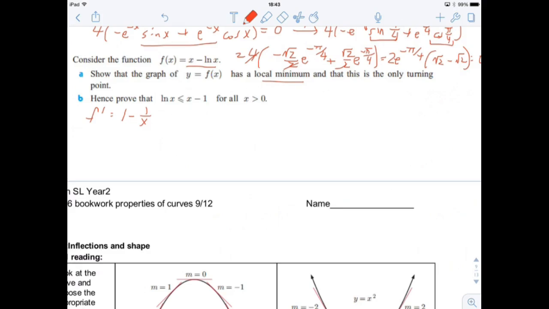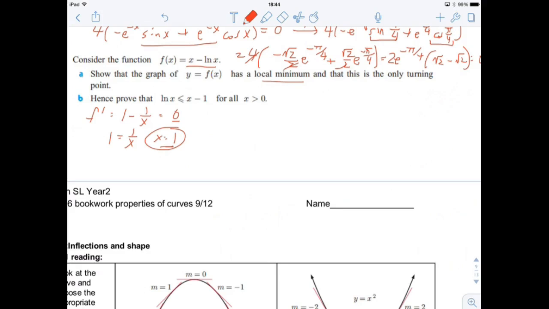Okay, so when is this equal to 0? This is equal to 0 when 1 equals 1 over x, so x equals 1. When x equals 1, there's a stationary point. Okay, and it's the only stationary point.